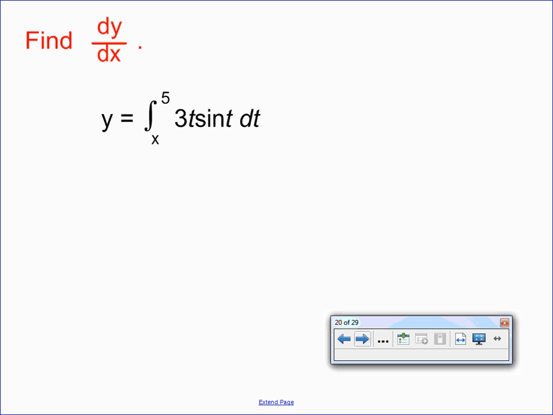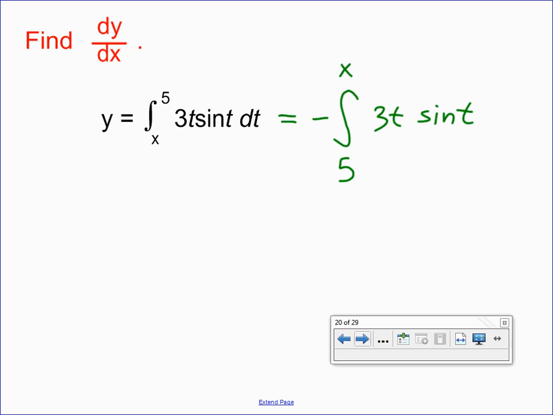There is another difference in this problem, however. Right now, is my lower limit a constant? No, and so the first thing we'll need to do is rewrite this. This would be given by the opposite of the integral from what to what? 5 to x. Now is my lower limit a constant? Yes, so now I'll be able to do this the same as the previous slide. So this would now be given by the opposite of, and we'll evaluate my integrand function at my upper limit.